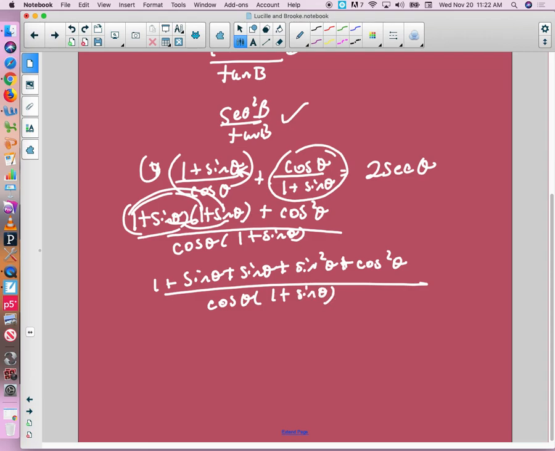And you're allowed to do what I'm about to do if you don't want to rewrite all that stuff again, but you could, by the time you call me over to your desk and go, is this okay? You probably could have just written it out again in another line. But what is this? 1. So how many ones do you have on the top? 2. How many sines do you have? 2.